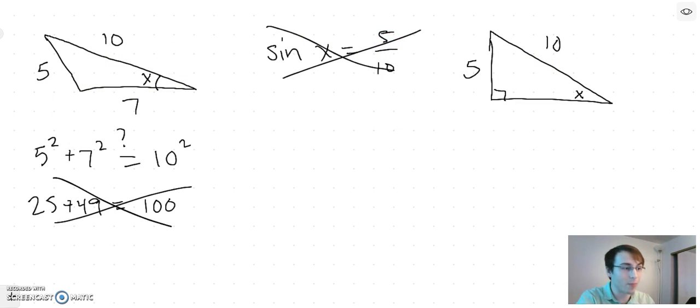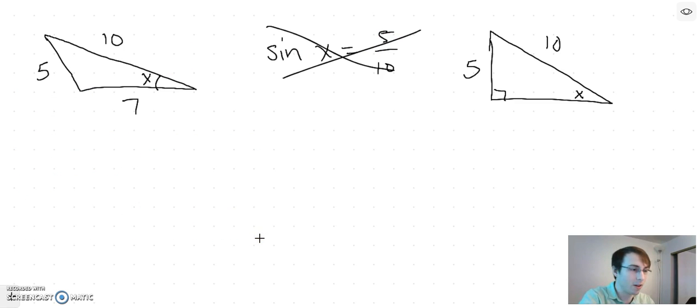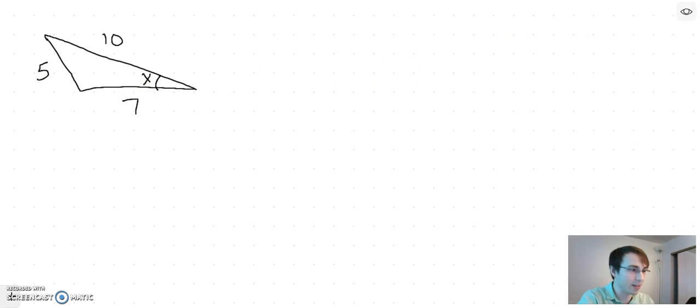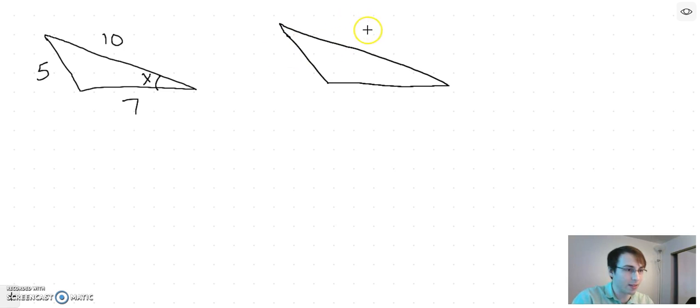What we do instead is we use the law of cosines. It's kind of like the Pythagorean theorem. You start out by labeling your sides: we'll say this is a, b, c, and this is angle C. You say the side c squared is equal to a squared plus b squared.